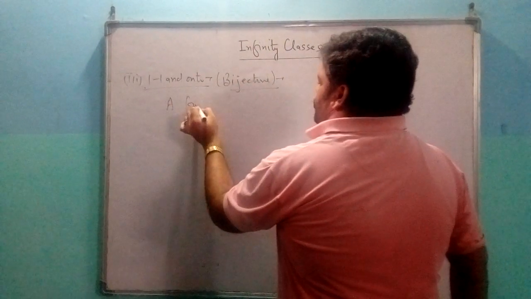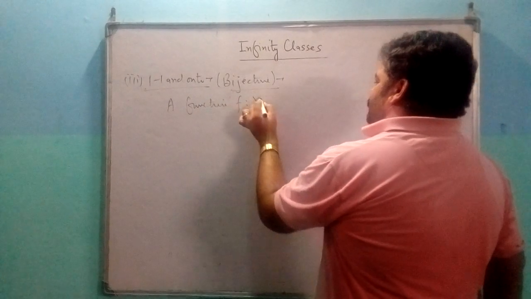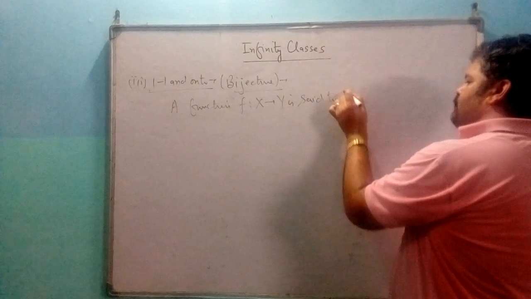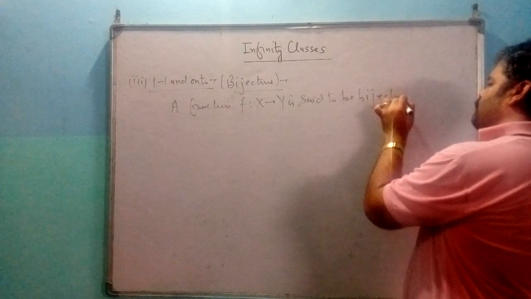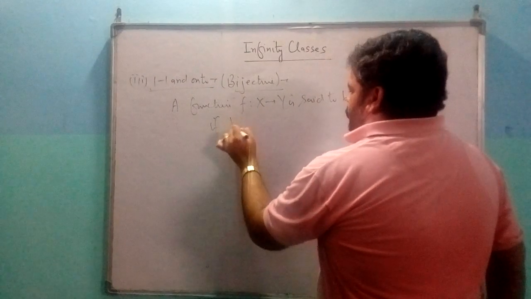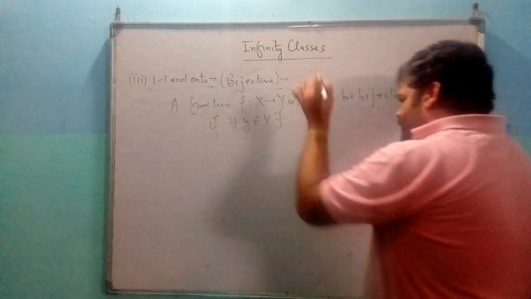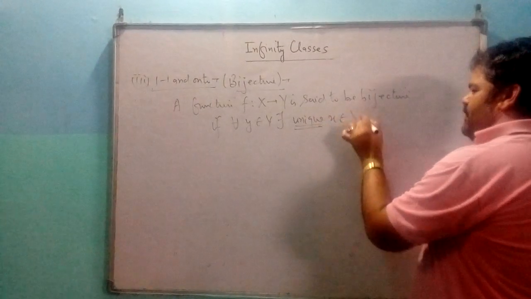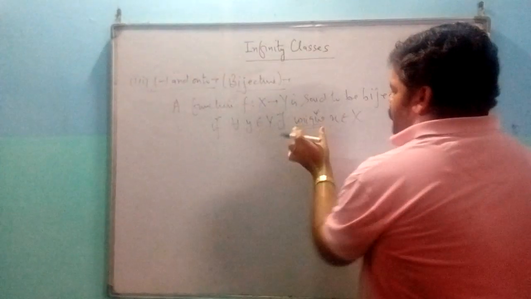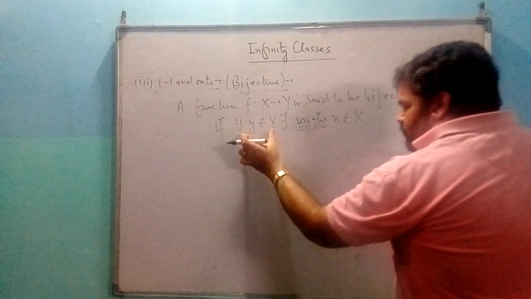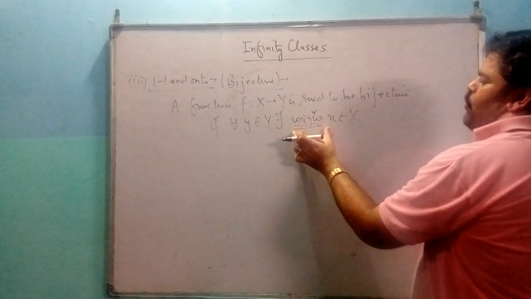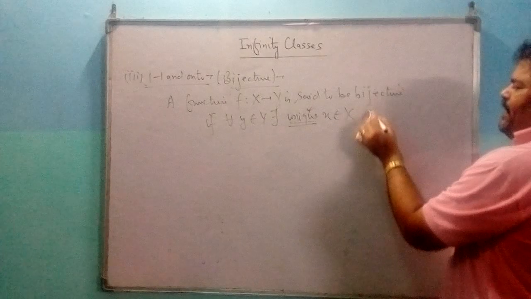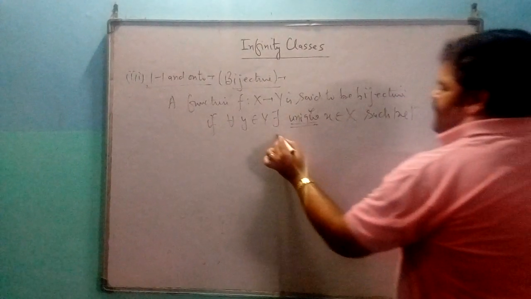A function f from x to y is said to be bijective if for every y belongs to y there exists, one word extra than onto, there is unique. We have added unique. In the last definition onto we have not written unique. It may be for each y there may be one or more, but here for every y belongs to y there exists unique, means one and only one x belongs to x, such that f of x is equal to y.